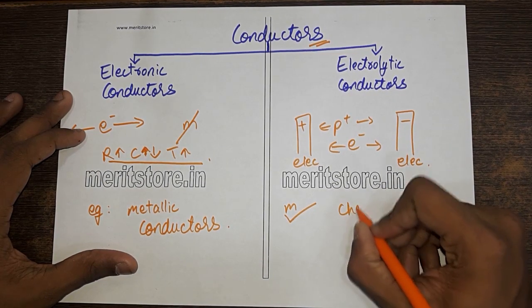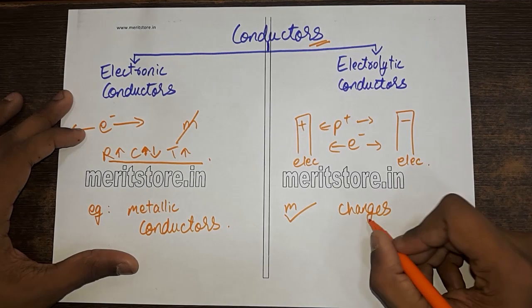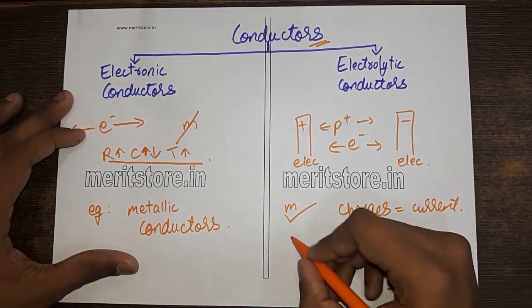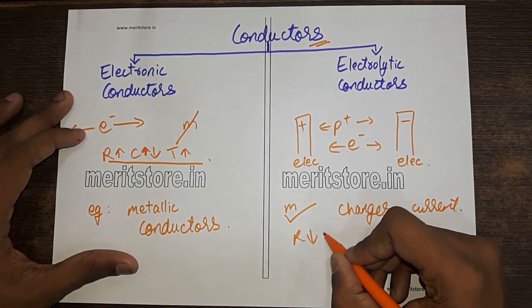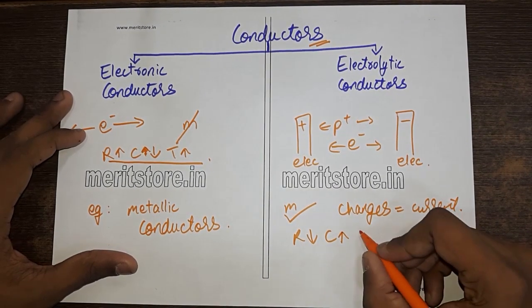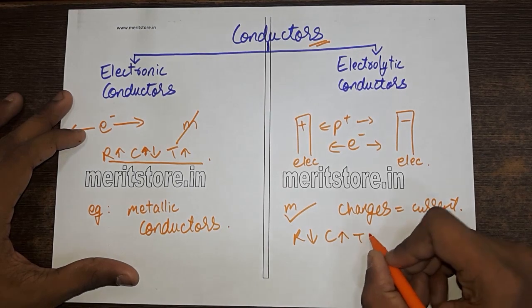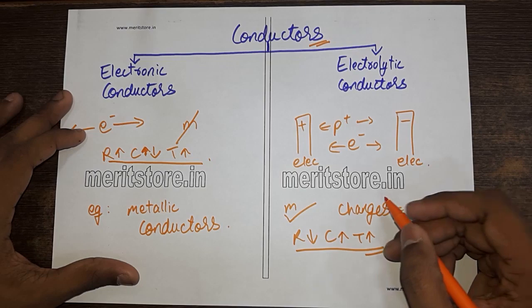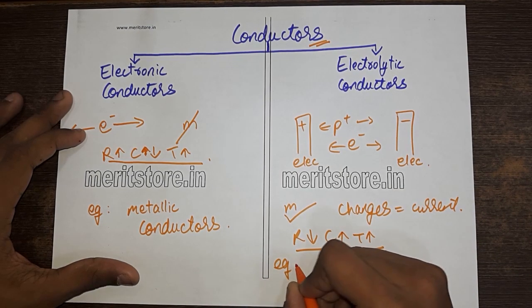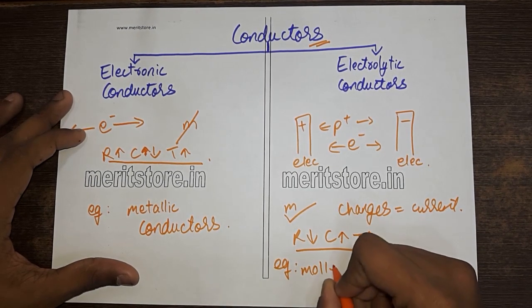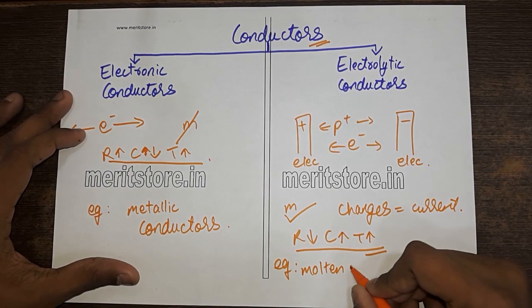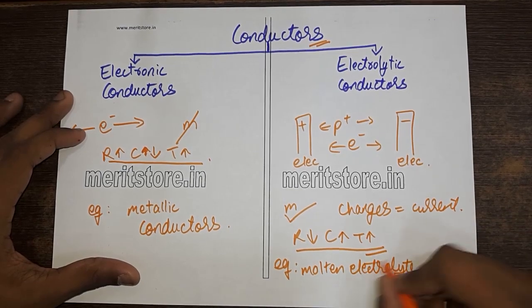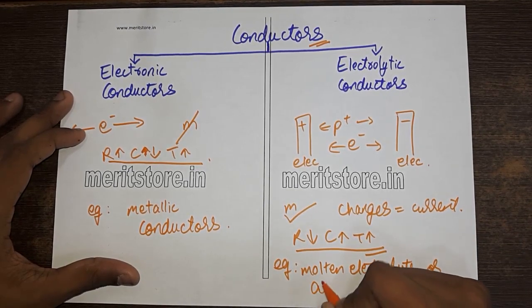Due to the changes, we have current. Resistance decreases, conductivity increases while there's increase in temperature during the reactions. An example for this could be molten electrolyte or its aqueous solution.